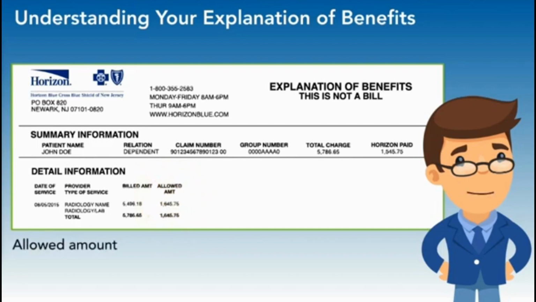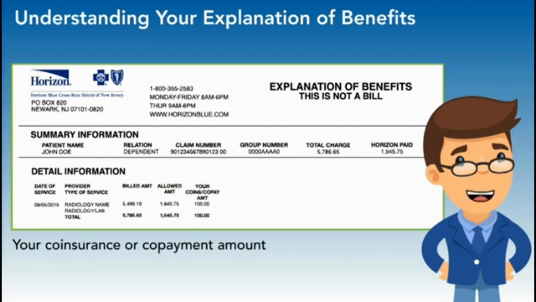Allowed amount, the amount Horizon Blue Cross Blue Shield of New Jersey approved for payment based on your plan benefits prior to the deductible, coinsurance, copayment, or other member cost sharing, if applicable. Your coinsurance or copayment amount, the amount you pay to the doctor, other healthcare professional, or facility after you have met your deductible, if applicable.